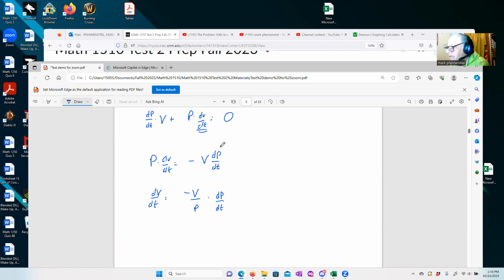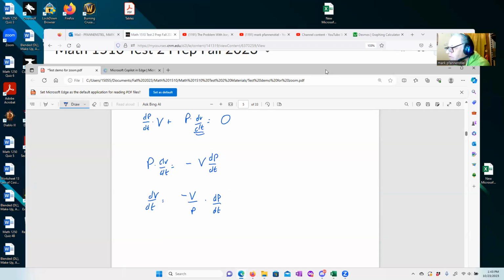And now it's just time to plug some stuff in. So that's not so bad. For dV by dt, what do we have here? We have volume was 500, negative 500. The negative sign will take care of the decreasing, so we don't have to worry about that.